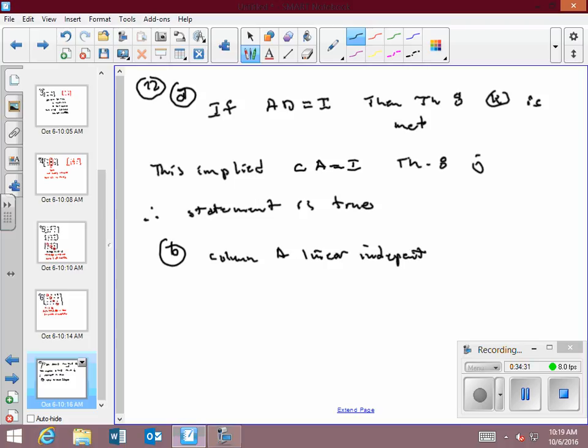Okay, so then theorem 8E is met, right? And if 8E is met, then the columns of A span R^n. So do the columns of A span R^n if E is met? By what statement?